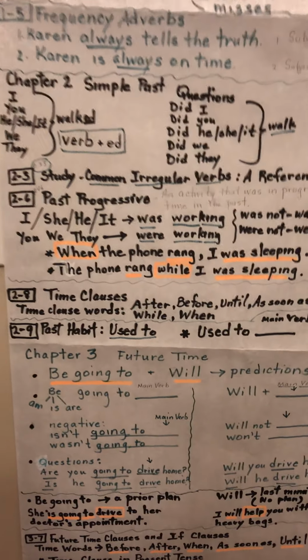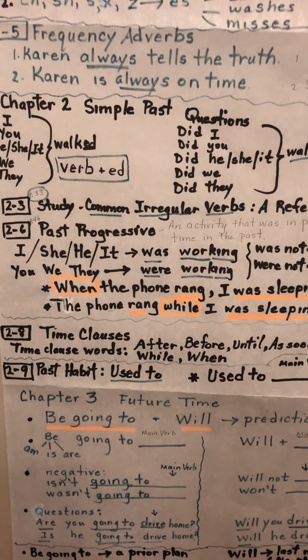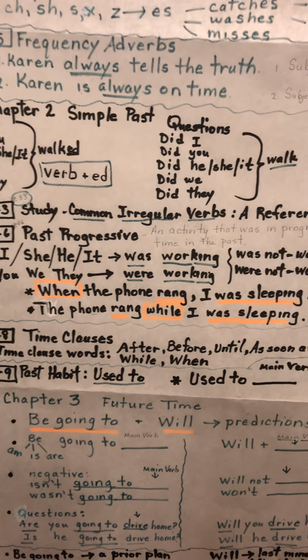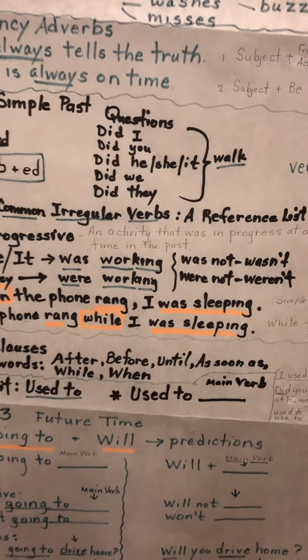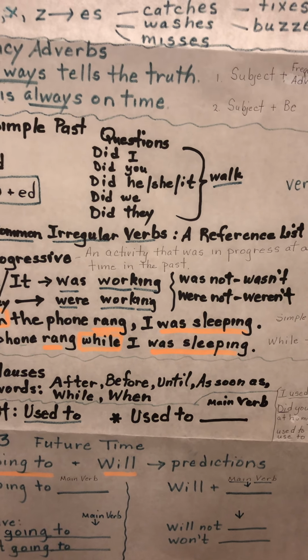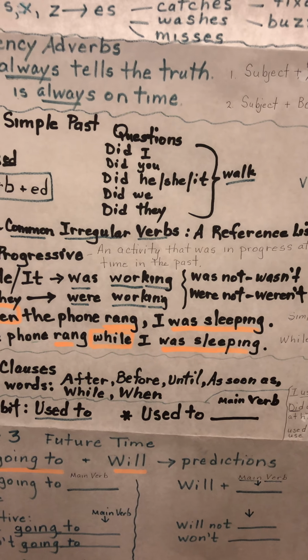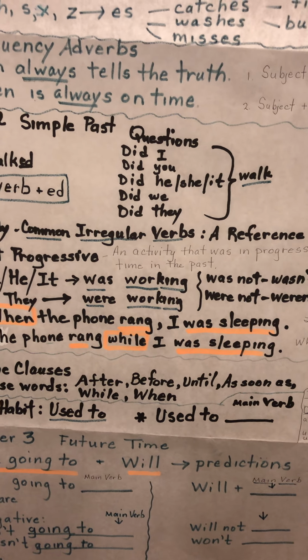Okay. When we have time clauses, they always begin with a time clause word. And the time clause words are after, before, until, as soon as, while, and when.